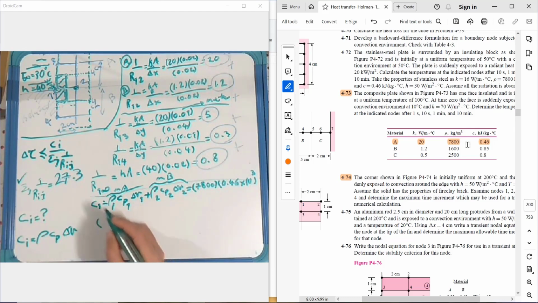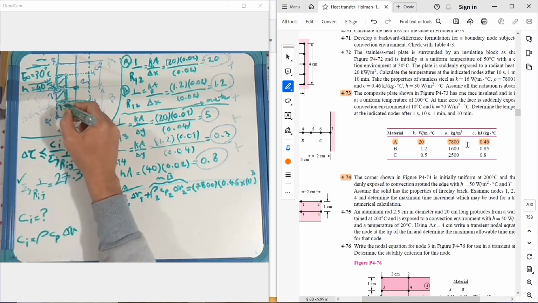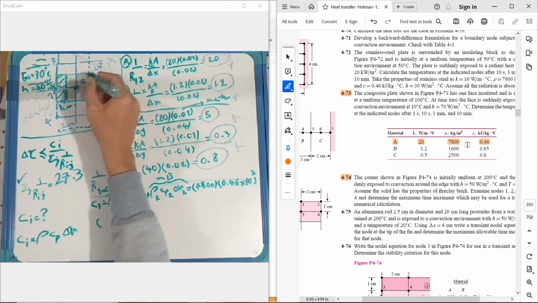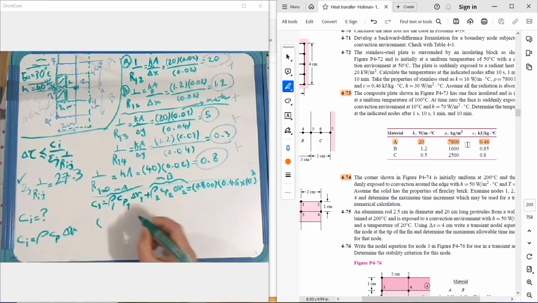It is 1 centimeter here and 2 centimeters here, so 1 centimeter multiplied by 2 centimeters.